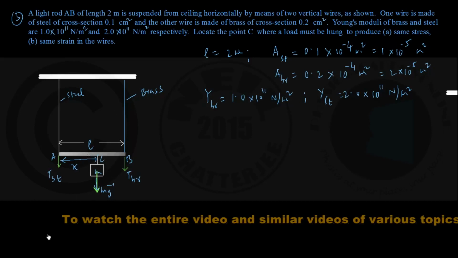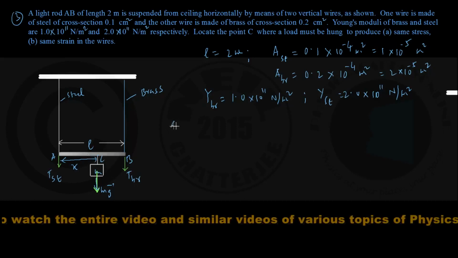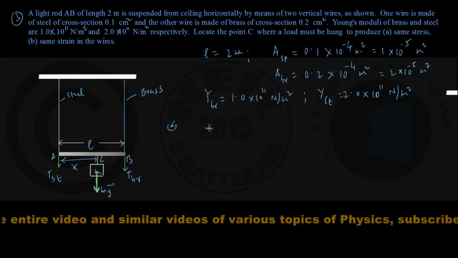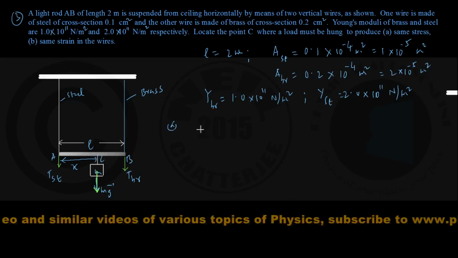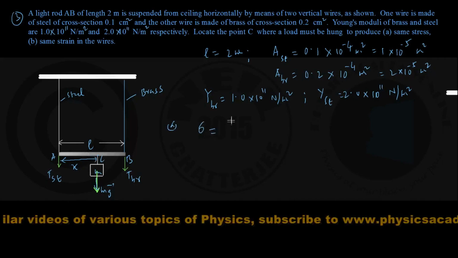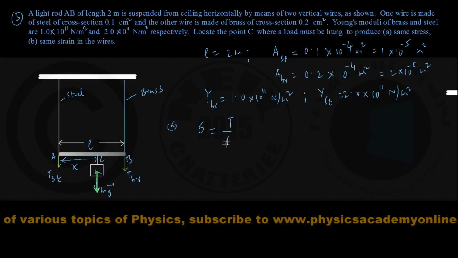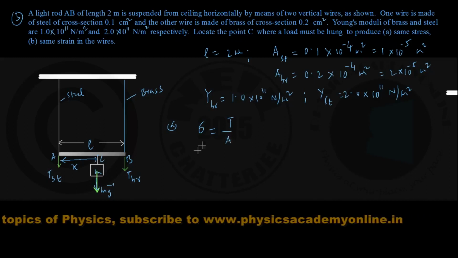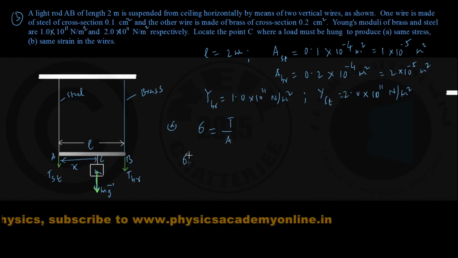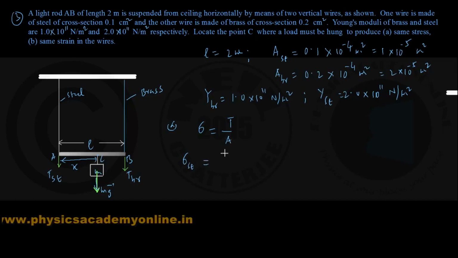So, let us first find out in part A of the problem the formula of stress. Stress is given by the tensile force divided by the cross-sectional area of a wire. So, for the steel wire, sigma steel is given by the tensile force acting on it divided by the cross-sectional area of the steel wire, is it not?